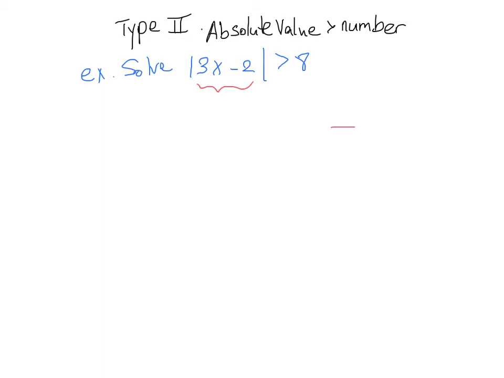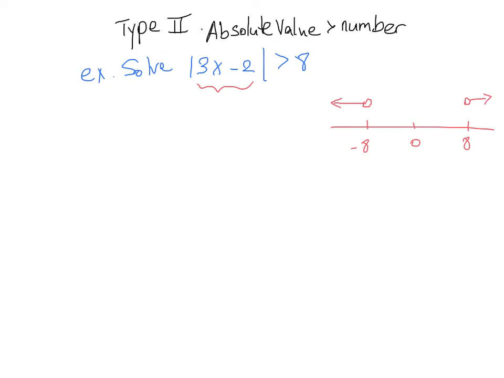So if we quickly look at a number line here, let's say 0 is here and negative 8 is here, positive 8 is here. So what numbers have a distance of more than 8 away from 0? What you'll be looking at is less than negative 8 and more than positive 8.